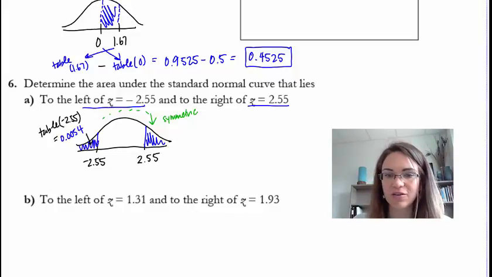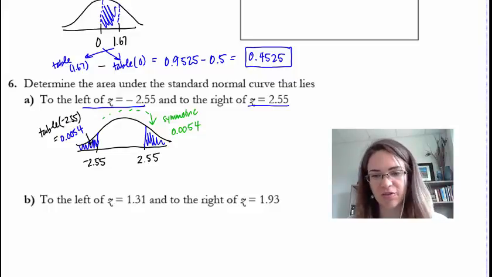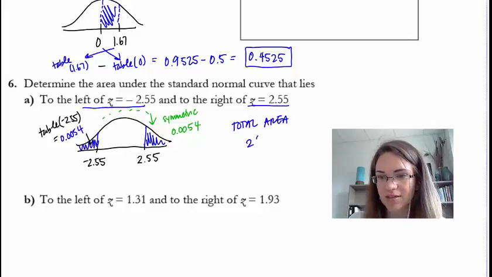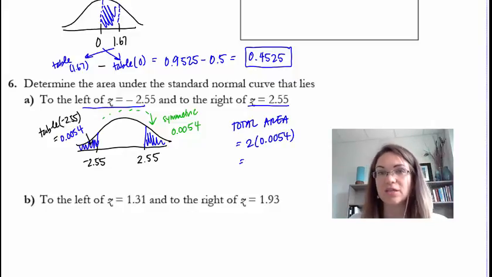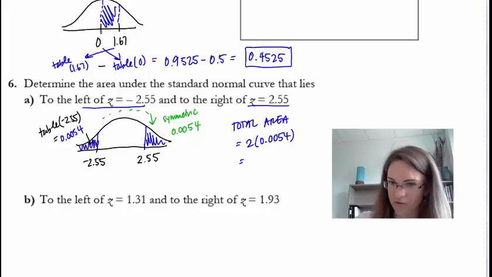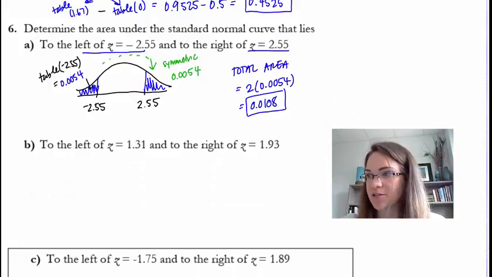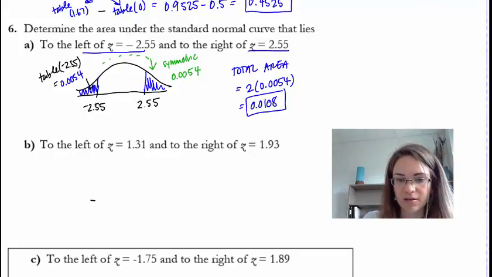Excuse me, not the table value, but the value of the area to the right of that. So the total area would be twice 0.0054, or 0.0054 plus 0.0054 for a total of 0.0108. Again, it's faster if it's symmetric. If it's not symmetric, we have to do a little bit more footwork.